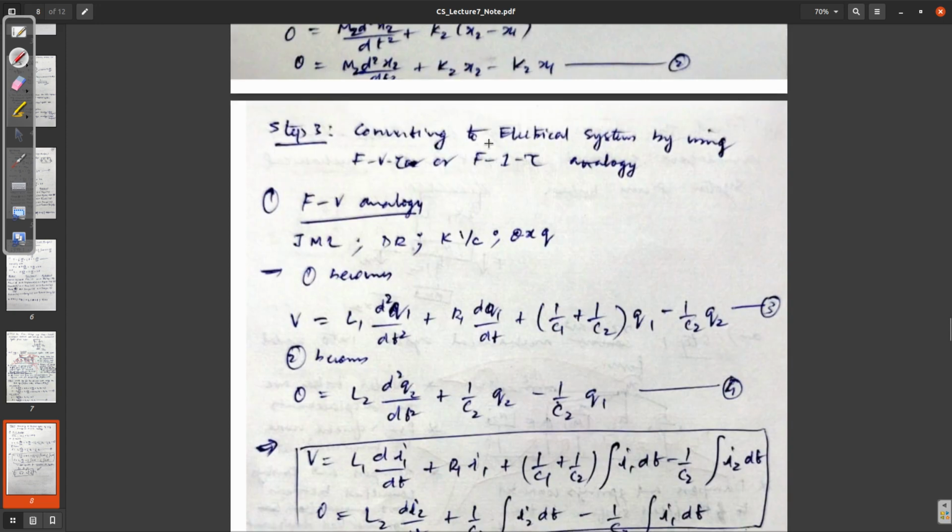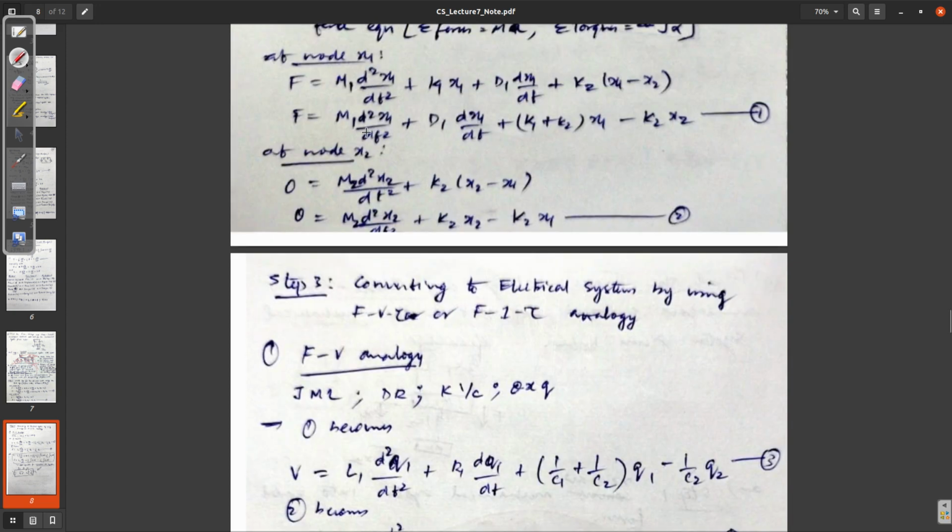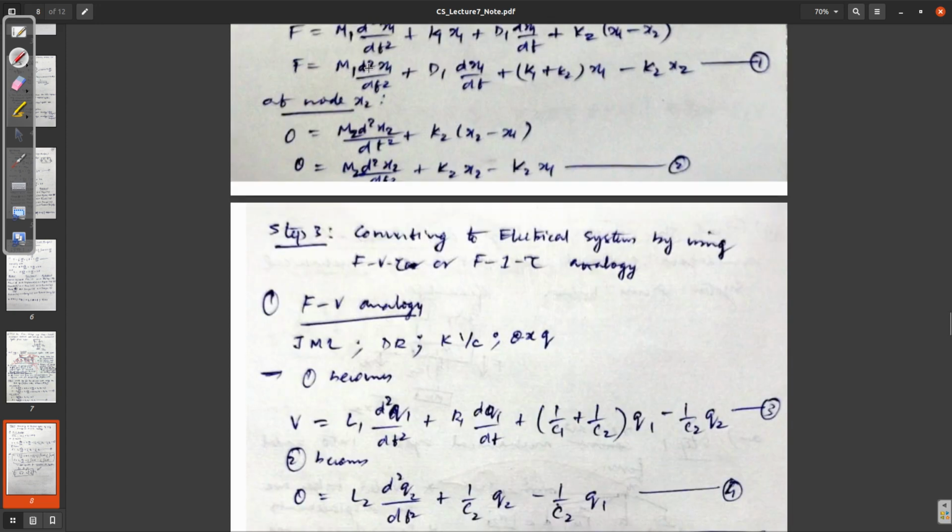So our equation 1, which is F equal to m1, that equation becomes: F will become V, M will become L, D will become R, and X becomes Q, Q1.